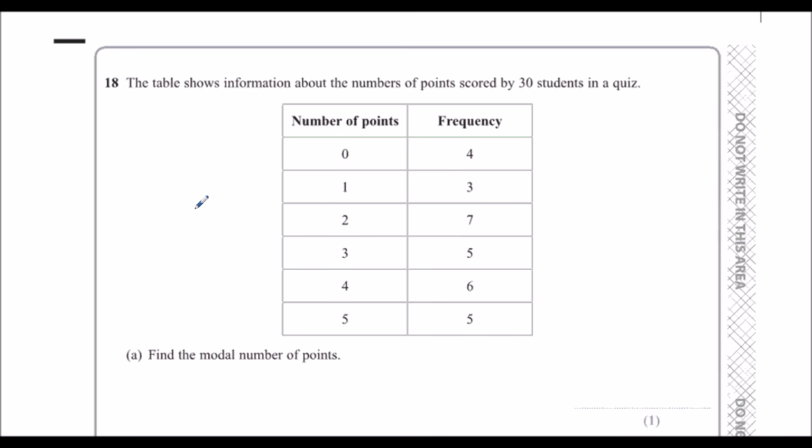Find the modal number of points, the most common number of points scored. 7 students scored 2 points, and that's more than scored any other number of points. So the most common number of points scored is 2 points.